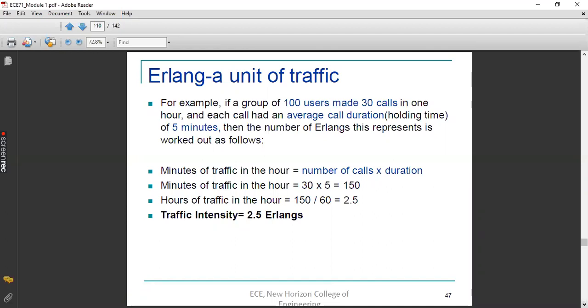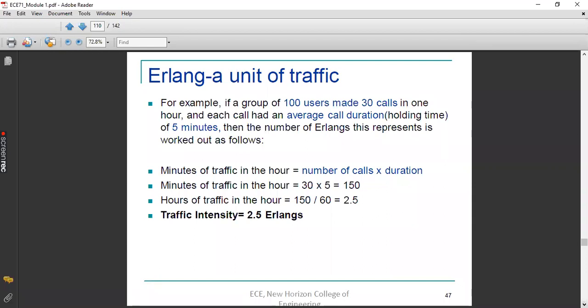And each call had an average call duration. What is call duration? It is holding time. What is the notation of holding time? It is capital H. So the average holding time, capital H, is equal to 5 minutes. So for each call, the duration is 5 minutes. What is the total duration of all the calls in the particular system?